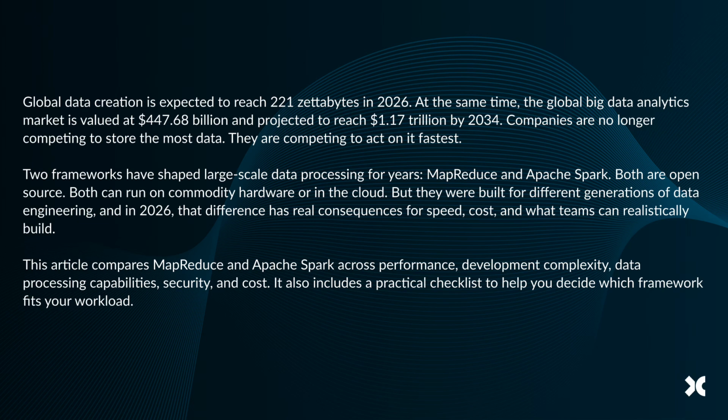This article compares MapReduce and Apache Spark across performance, development complexity, data processing capabilities, security, and cost. It also includes a practical checklist to help you decide which framework fits your workload.